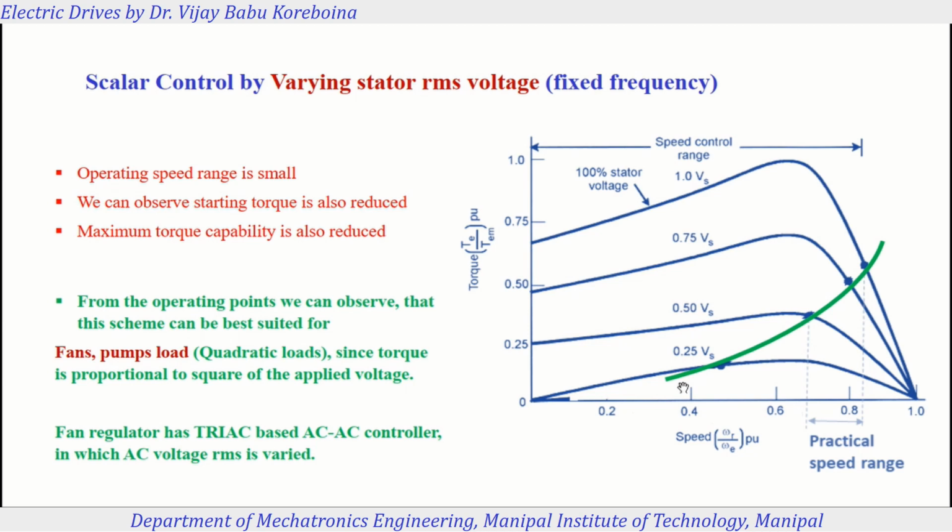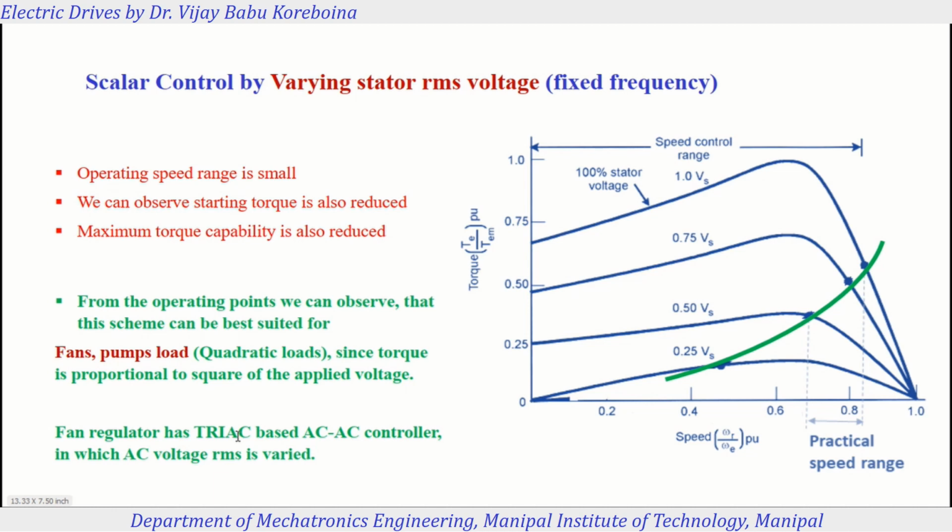As speed is low, torque is also low. As speed keeps on increasing to the rated value, it will go to the rated torque. So fans and pumps can directly use this, and that's what we see in a fan regulator: RMS voltage will change, fan speed will be changing. This is one of the best examples for just varying RMS voltage, fixing the frequency.